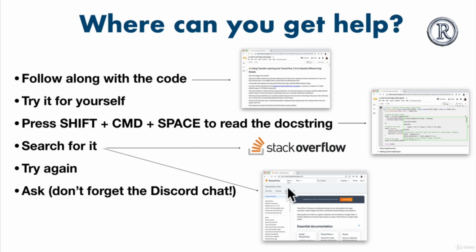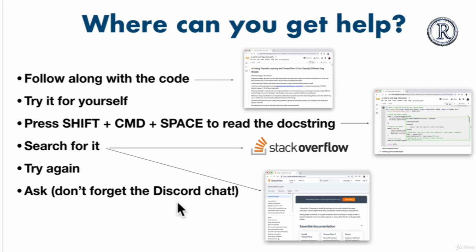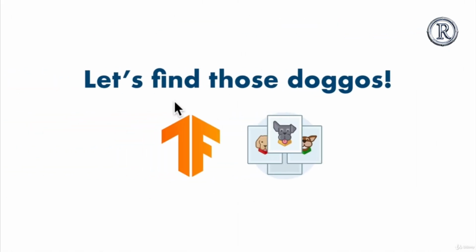You'll come across Stack Overflow or the TensorFlow documentation. Then try again using what you found. And finally, if you're still stuck, never be afraid to ask. And of course, don't forget the Discord chat, which hopefully you're signed up to, and hopefully you're interacting with the other students. Now, without any further ado, let's go find those doggos.